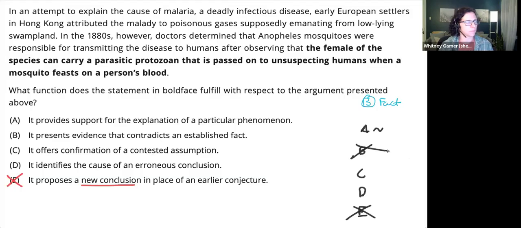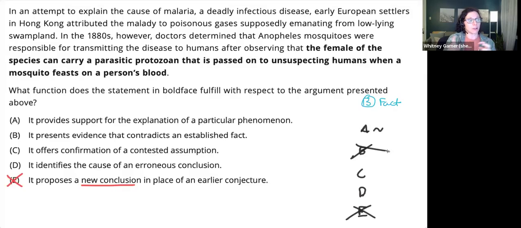Let's get rid of B. It offers confirmation of a contested assumption. I might leave it, but that would mean that this assumption that mosquitoes cause it is the contested assumption. And it seems like that's the new one. So our prior conclusion is now changed.